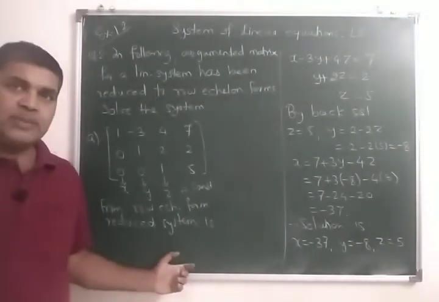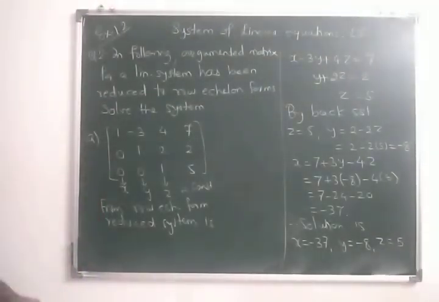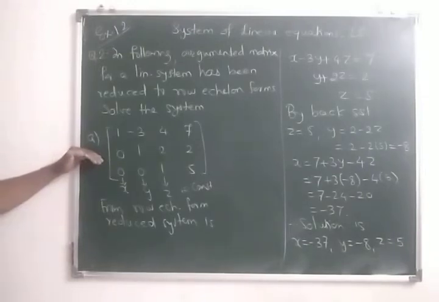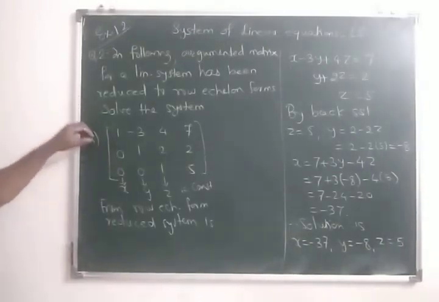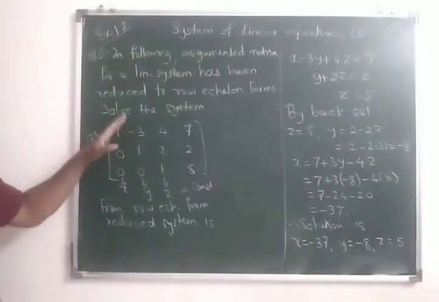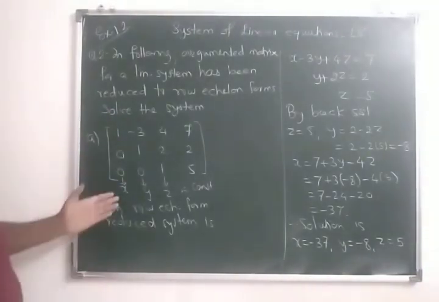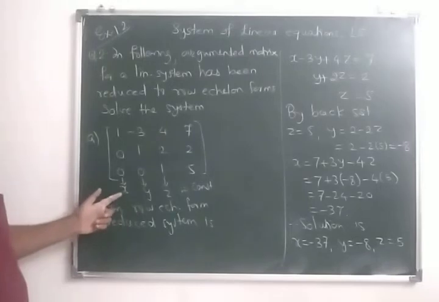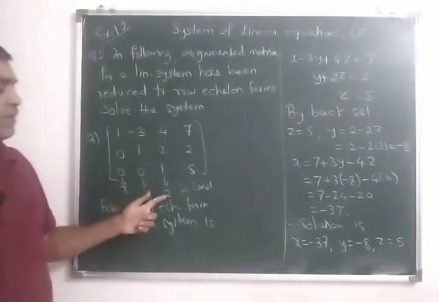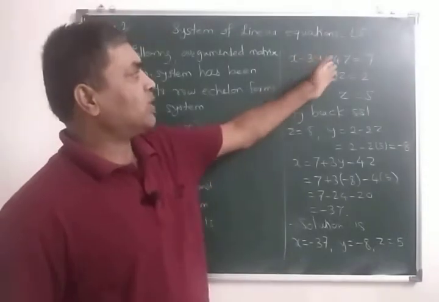So this is the way of writing the solution from the row echelon form of the given system. Here, if you assign the unknowns or variables x1, x2, x3, then we will take the reduced system in x1, x2, x3.